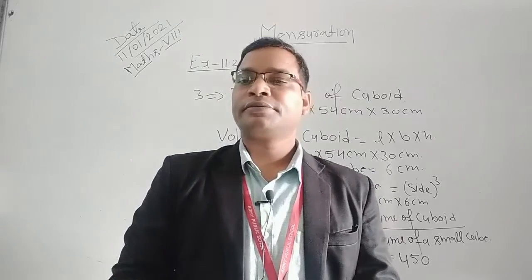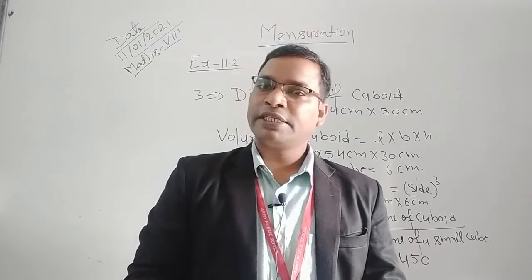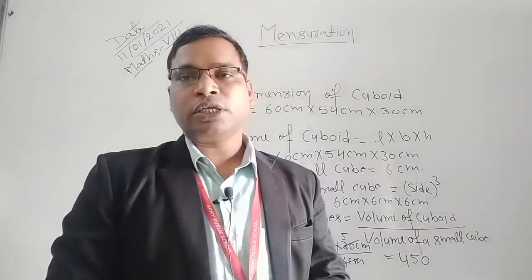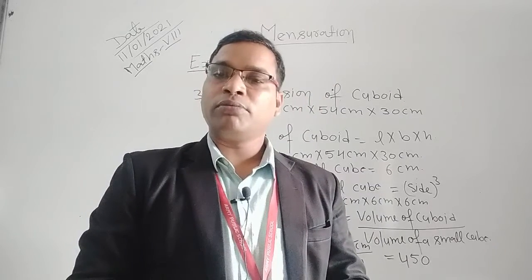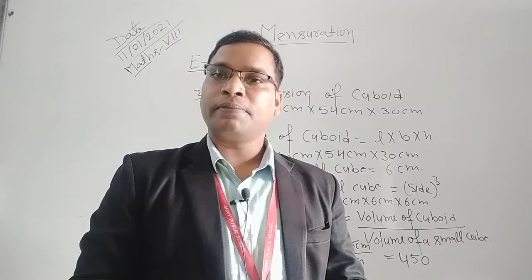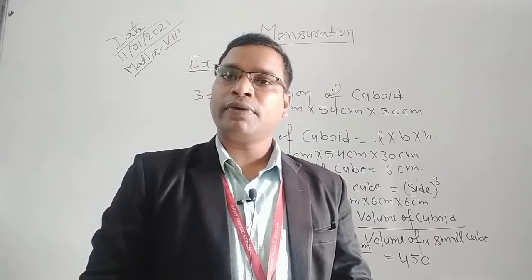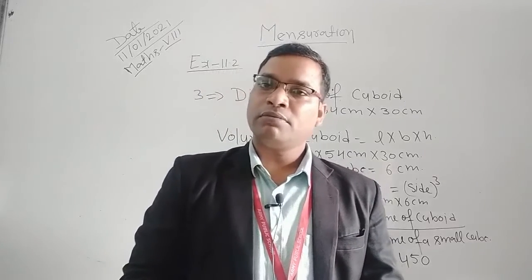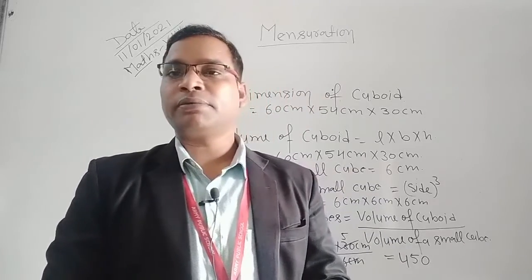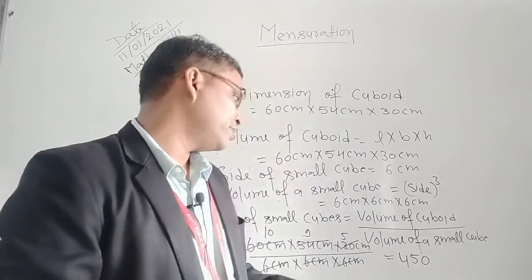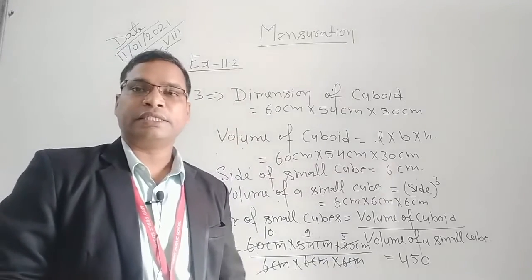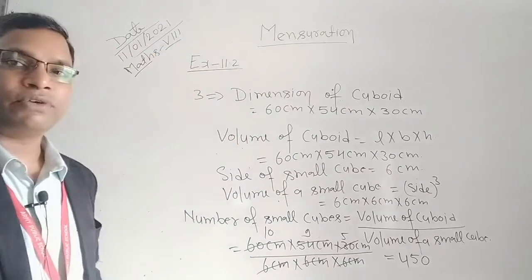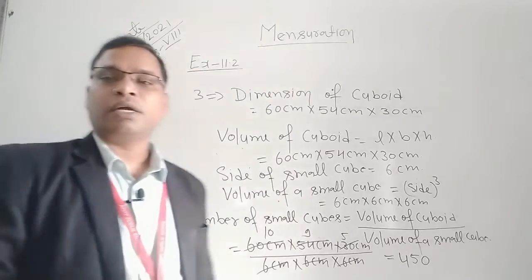Here the dimensions of the cuboid and the side of the small cube are given. If you divide the volume of the cuboid by the volume of a small cube, then you find the number of cubes. The number of cubes is equal to 450. This is clear. I hope all of you understood this question.